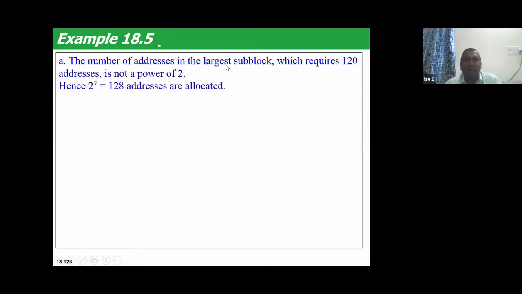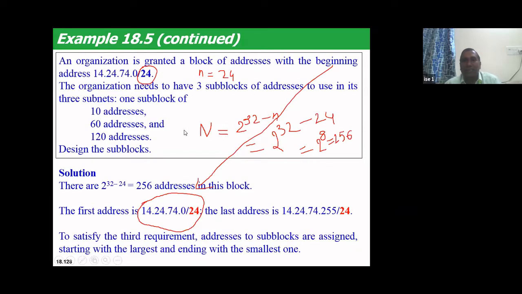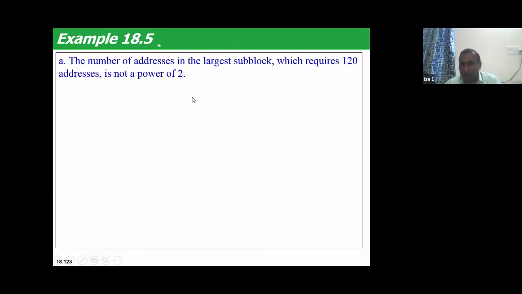Now, the largest subblock requires 120 addresses, which is the third one. But 120 as such is not a power of 2.